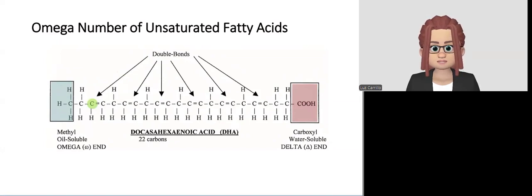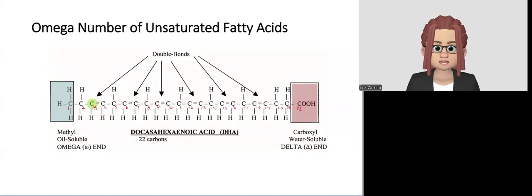So the omega term starts here. We go 1, 2, 3, 4, 5, 6, 7, 8, 9, 10, 11, 12, 13, 14, 15, 16, 17, 18, 19, 20, 21, and 22. Those are the 22 carbons in the molecule.